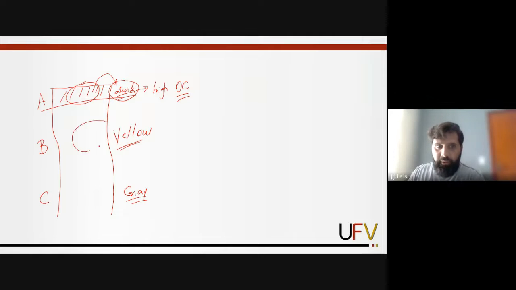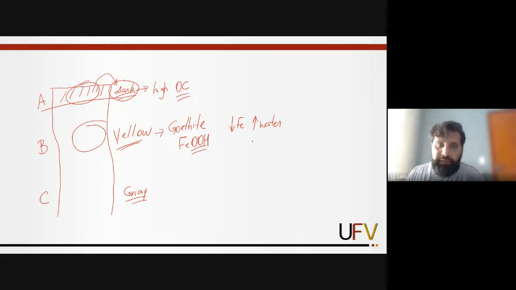This yellow color can represent goethite. That's an iron oxide that has water inside the crystal. So we don't have much iron content, but we have water.